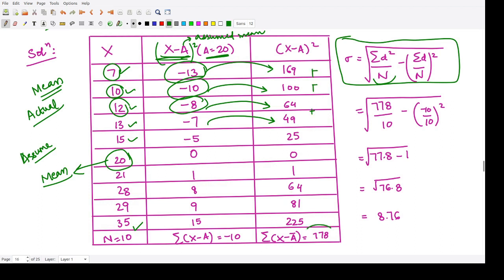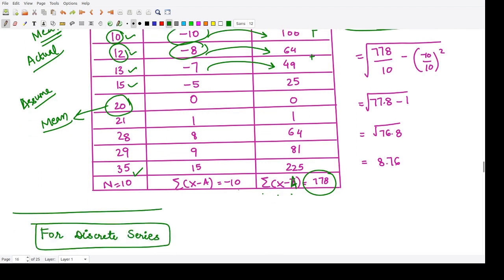So you would have this as the summation of (x minus a) square. This is the sum of deviations from the assumed mean.